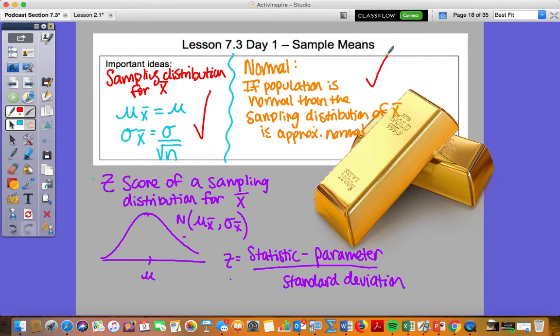N is more than 30. And I actually don't even have to show the central limit theorem if what? If the population distribution is normal. Great, and that's my first condition, right? If that's not true, then we go into the central limit theorem. Great job. Over here, again, you've already got most of this. This is stuff that you've gotten on both sides, on 7.2 and 7.3. So I feel pretty good about that, okay? Cool.